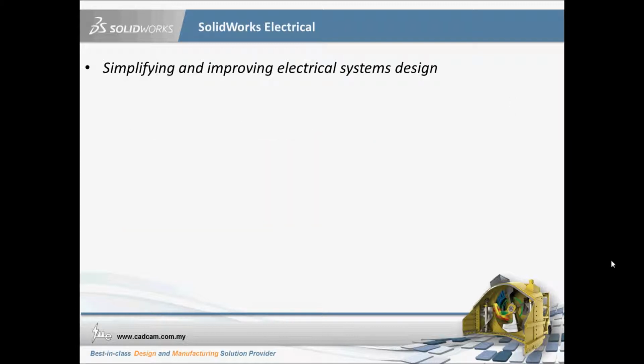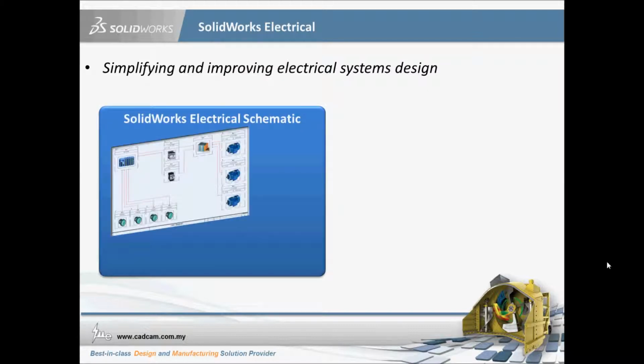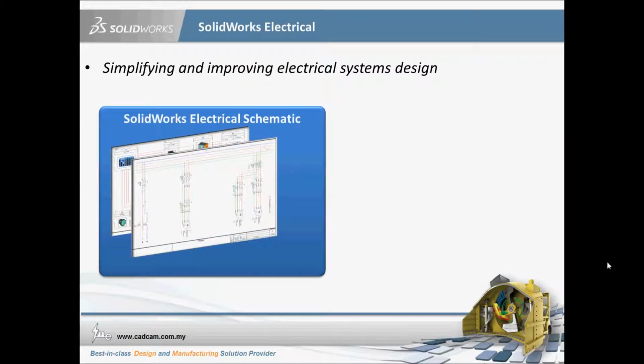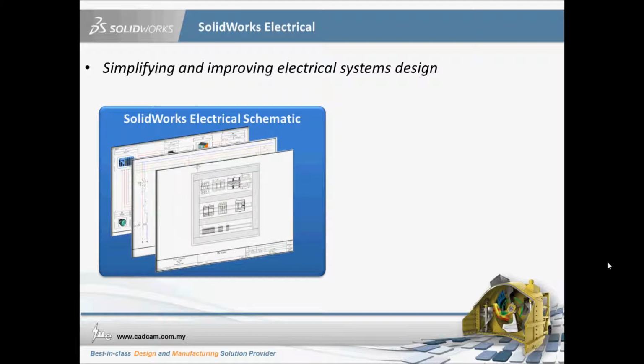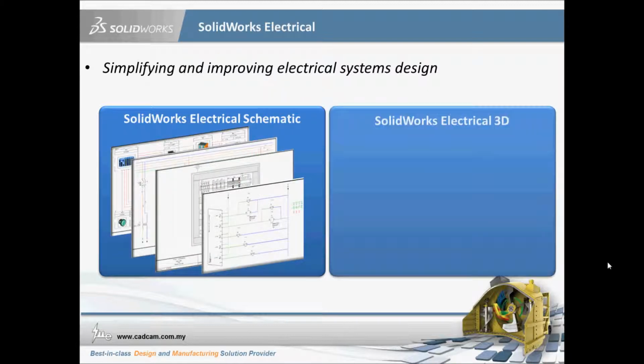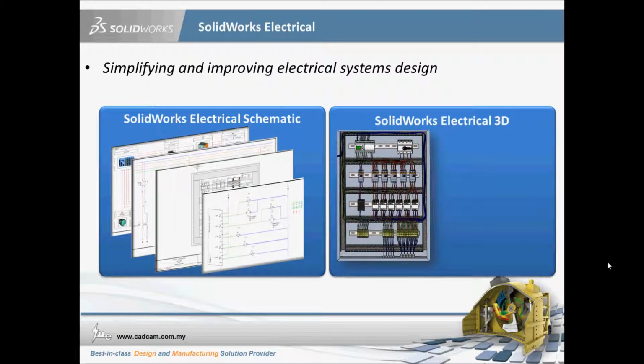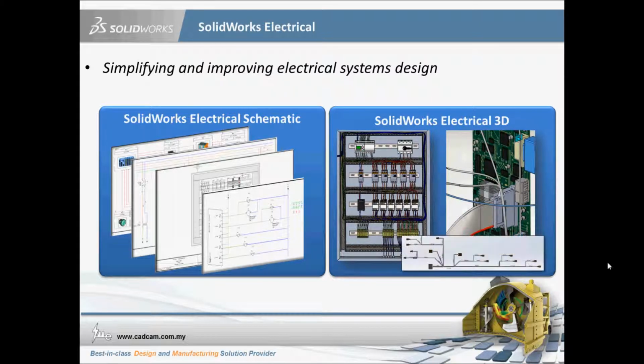Introducing SolidWorks Electrical, simplifying and improving electrical system design. On the left we have the SolidWorks Electrical Schematic, and on the right the SolidWorks Electrical 3D. What's special about SolidWorks Electrical Professional is that, first of all, it supports the way you currently work: the single line diagram, the multi-line diagram, and even the panel layout.